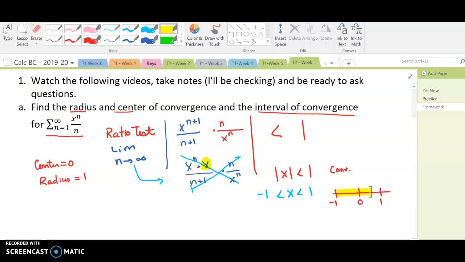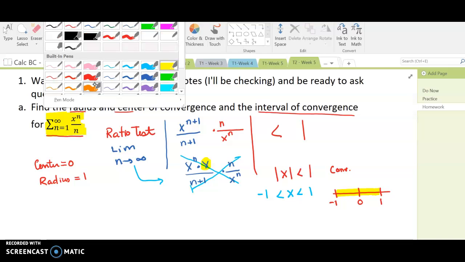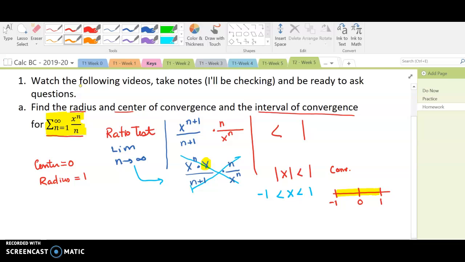Because these are the values of x where we can use this series to approximate the actual function that it represents. However, an interesting thing, whenever we use the ratio test, we actually have to test our endpoints, because we could converge at those endpoints.